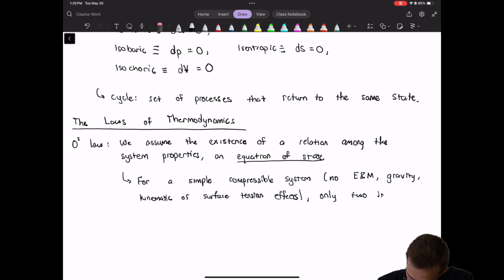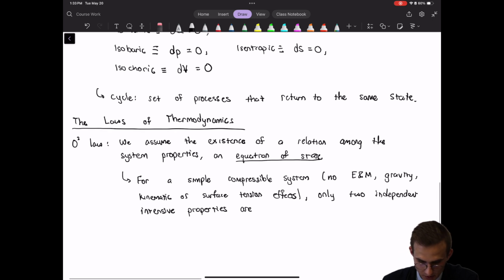Only two independent intensive properties are required to fix the state.